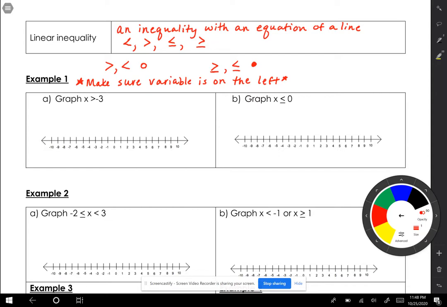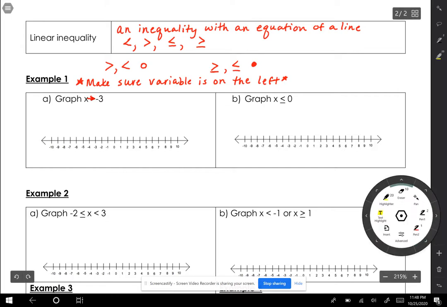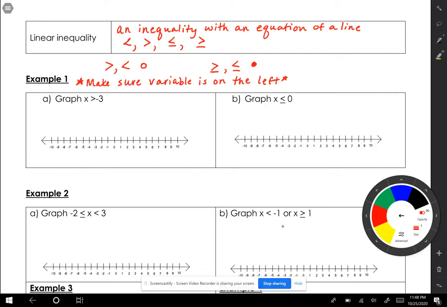Graph x is greater than -3. This is basically an arrow, because you can just draw a little line. The arrow is pointing to the right. So you're going to put an open circle, because the greater than does not have a line underneath, and you're going to shade to the right.